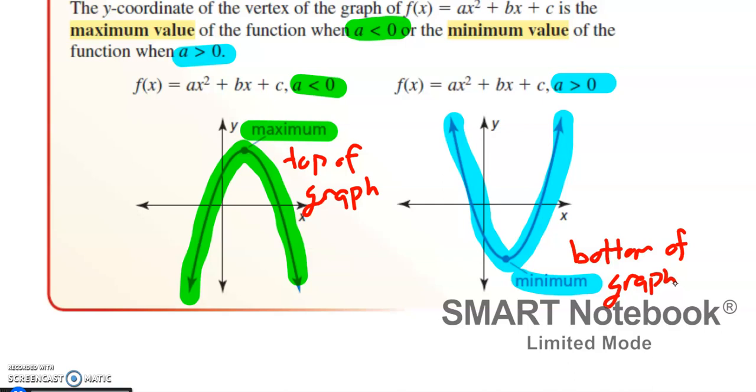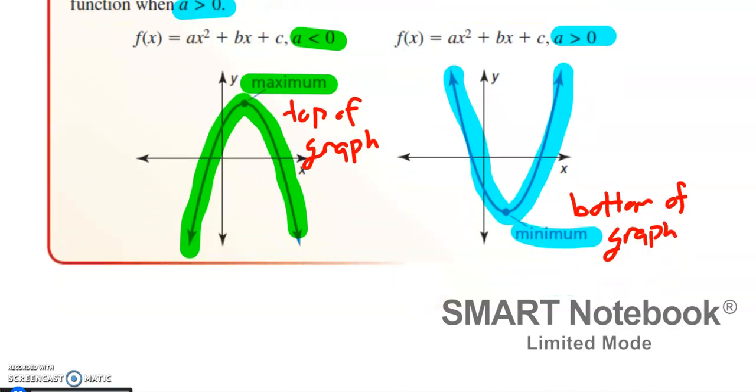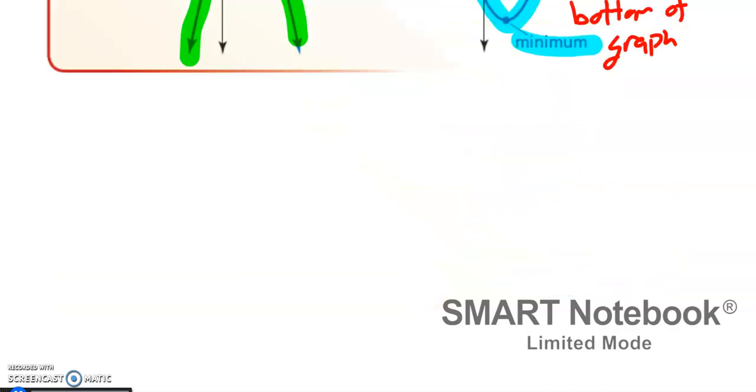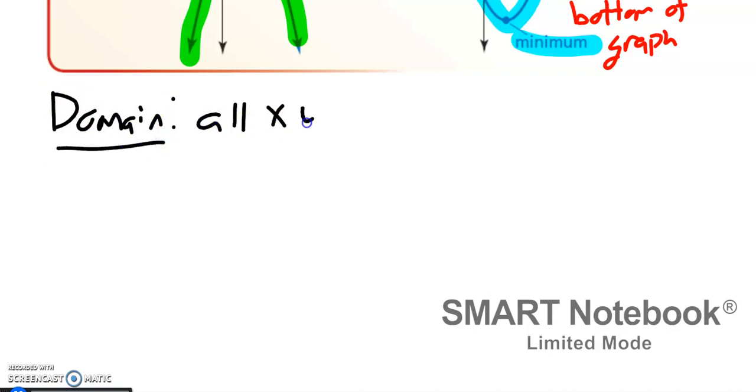Now, there's 2 other small topics that I want to talk about, domain and range. So let's extend this. Here we go. So the domain, again, is all x values.